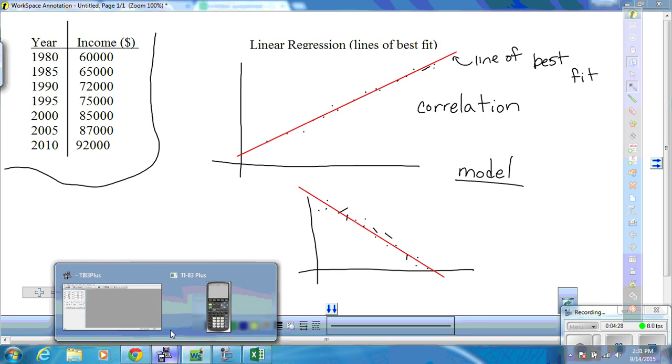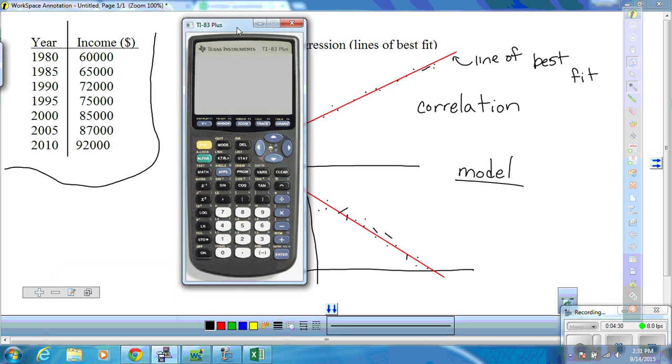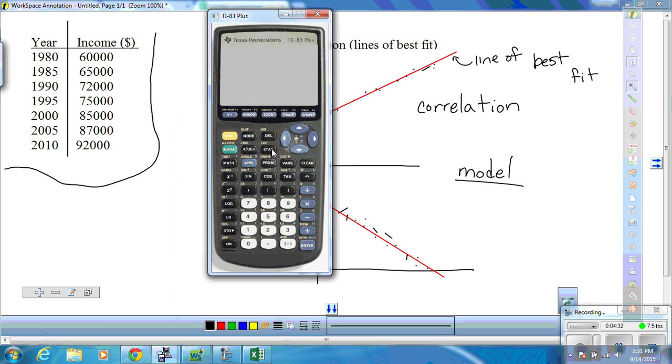When you go into your calculator, if you go to Stat, that's the button that you want to hit, Stat, and then Edit comes up. And when you go to Edit, what it does is it gives you tables. And so you can enter information from a table. So I've got this information that I can then enter into the table.